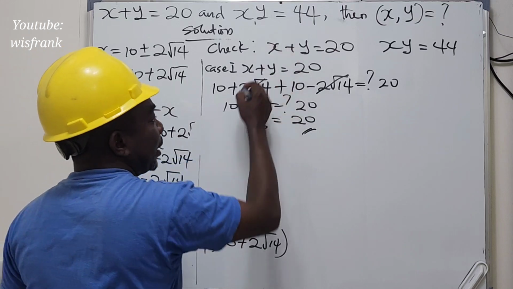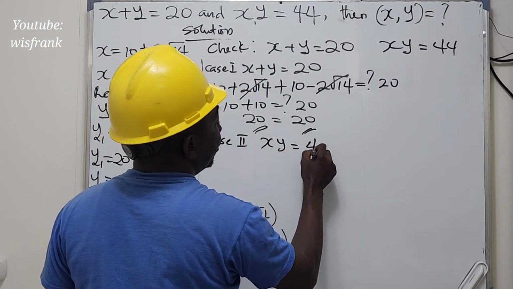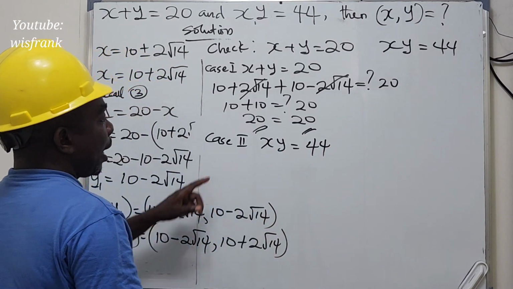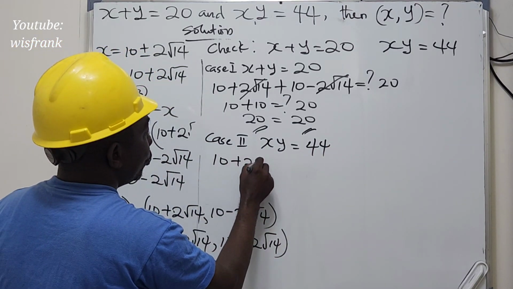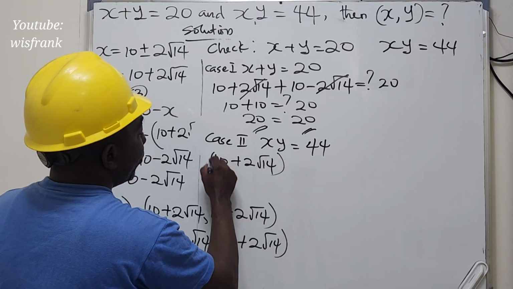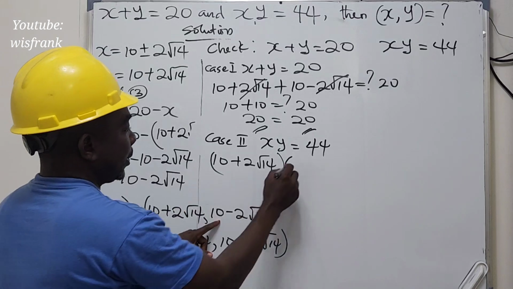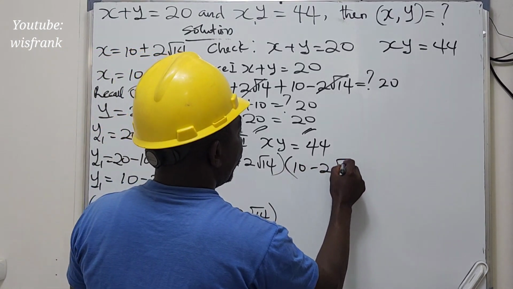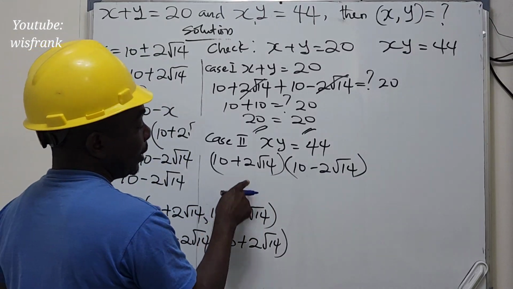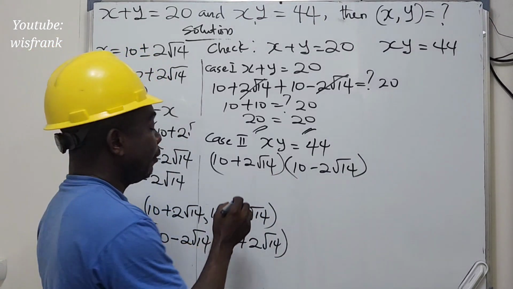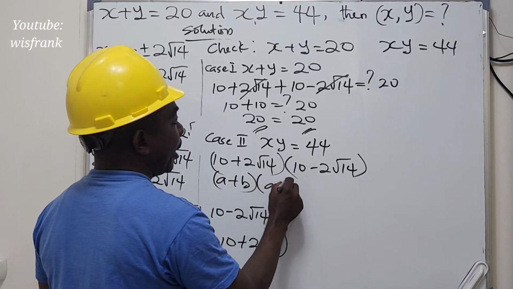Then let's look at case 2, where we have xy equals 44. Our first value of x, which is 10 plus 2 root 14, we are going to multiply by y, our first value of y, which is 10 minus 2 root 14. We can see that the two parentheses are in the form a plus b into a minus b.